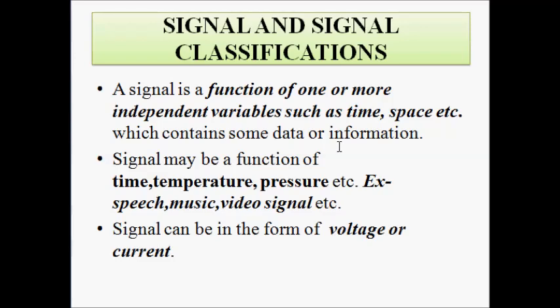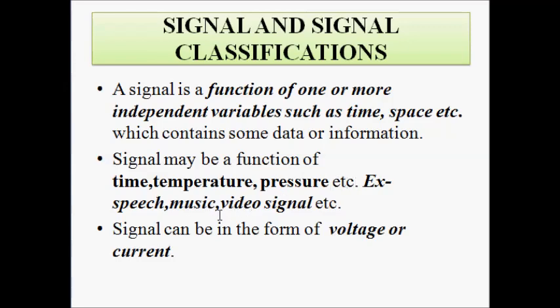But in communication systems, the independent variable involved is basically time. Most of the signals that we will come across will involve time as one of the variables or the only variable. Examples are our voice signal, music that we hear, video.